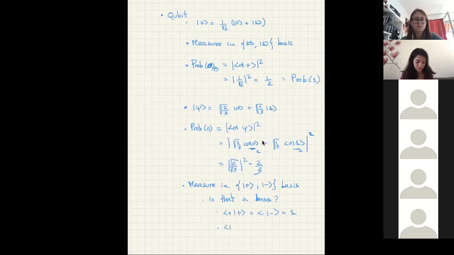And the other one is that they are orthonormal, so this should be 0. We can do it directly: it's 1 over square root of 2 times (0 plus 1), times 1 over square root of 2 times (0 minus 1). Now we multiply this with this.